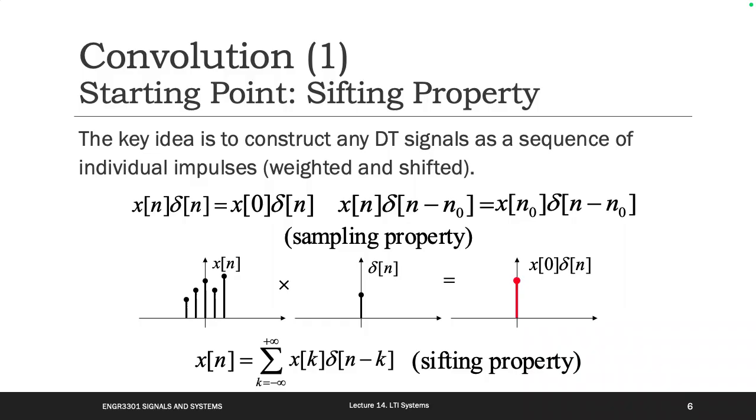For the x[n], only here has a value, otherwise it will be 0. So what is x[k]? It is 0. So 0 multiplied by whatever will be 0, am I right? So if k equals negative infinity, it will be 0, and when k equals -3, x[k] is still 0.